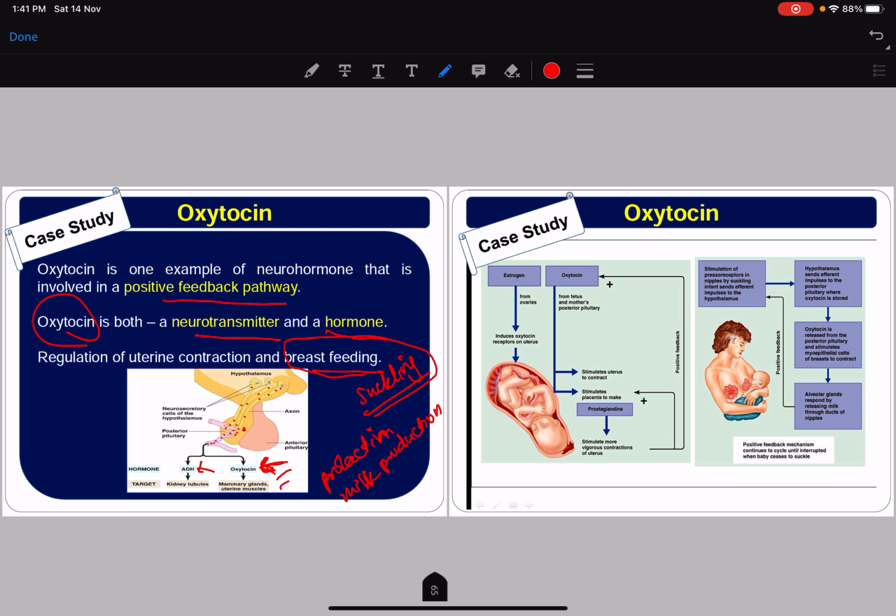Okay, this slide here. Estrogen is also a signal. Estrogen from the ovaries will induce oxytocin receptors on the uterus, meaning it will multiply or proliferate receptors for oxytocin on the uterine cells. The estrogen causes many receptors for oxytocin on the uterine cells.